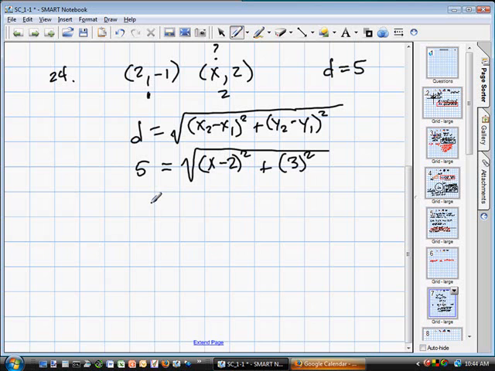Couldn't we just square both sides? That'll get rid of the roots. What am I doing? Okay, and then I could subtract 9 from both sides.